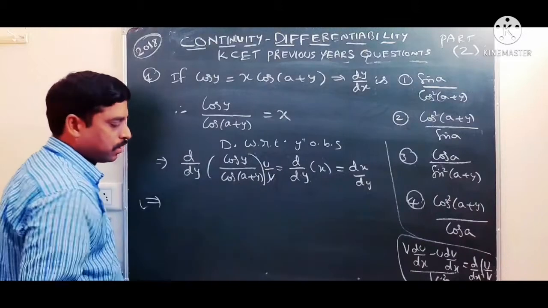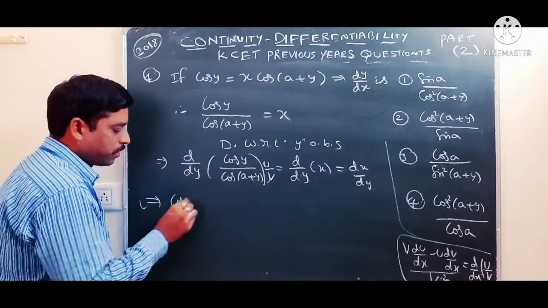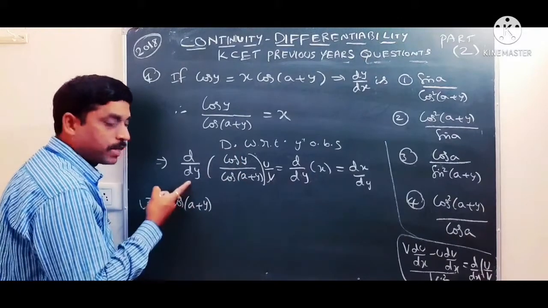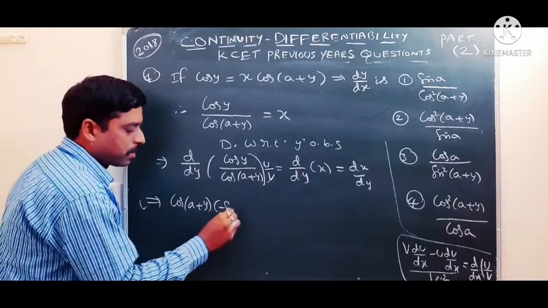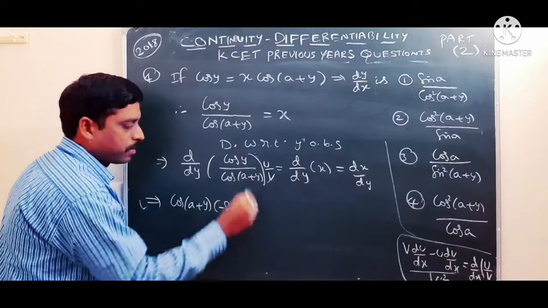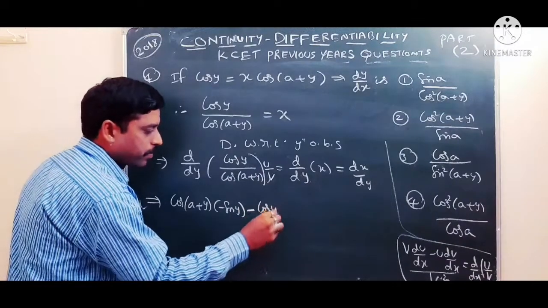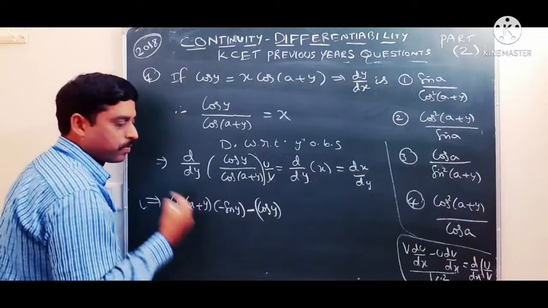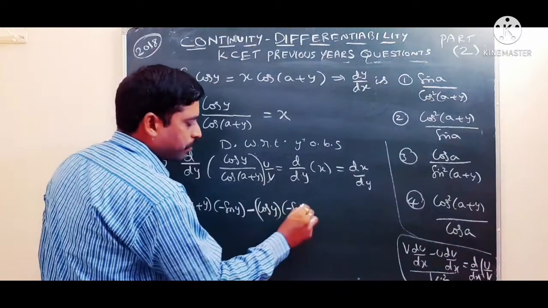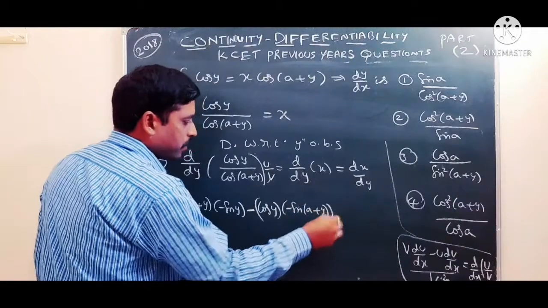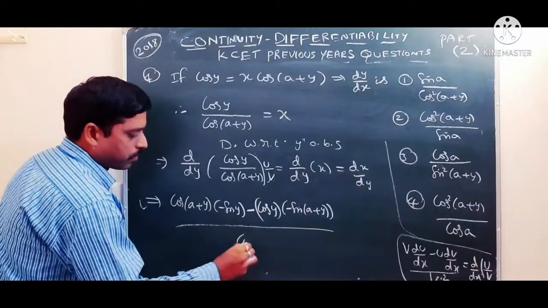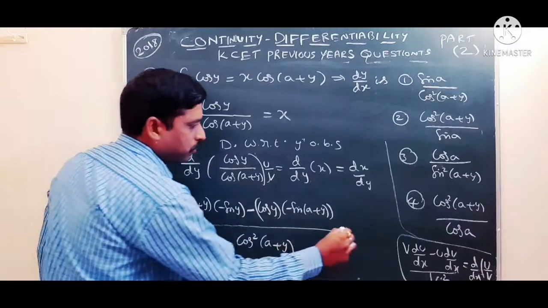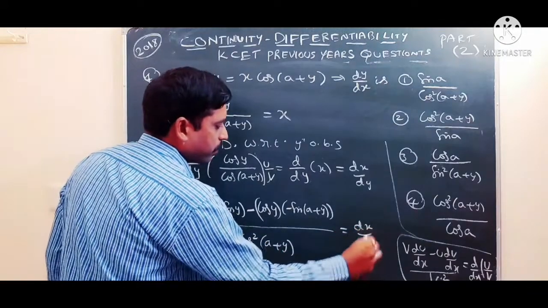Substitute in that formula: cos of a plus y into the derivative of cos y with respect to y, minus sin y, minus cos y into the derivative of cos of a plus y with respect to y, minus sin of a plus y. This will be over v square, cos square of a plus y. So this will be equal to dx by dy.